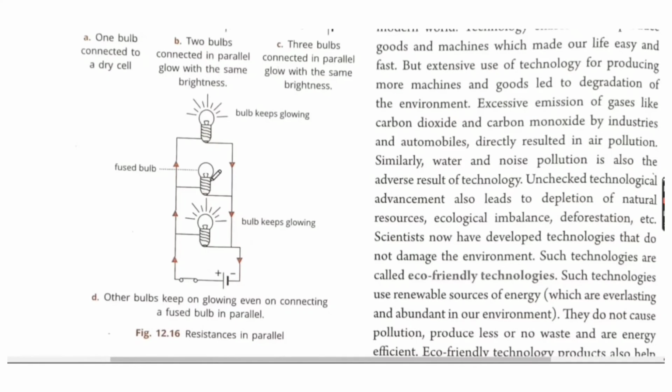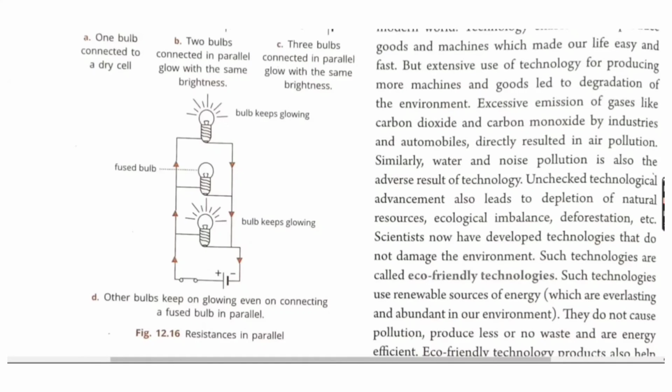Only the second bulb will stop glowing, and the two other bulbs will glow with the same brightness. Because if there is any break or open at any level in the circuit in this type of arrangement, that break will have no effect on the functioning of the other bulbs. So students, this is one of the most convenient features of this type of parallel arrangement.